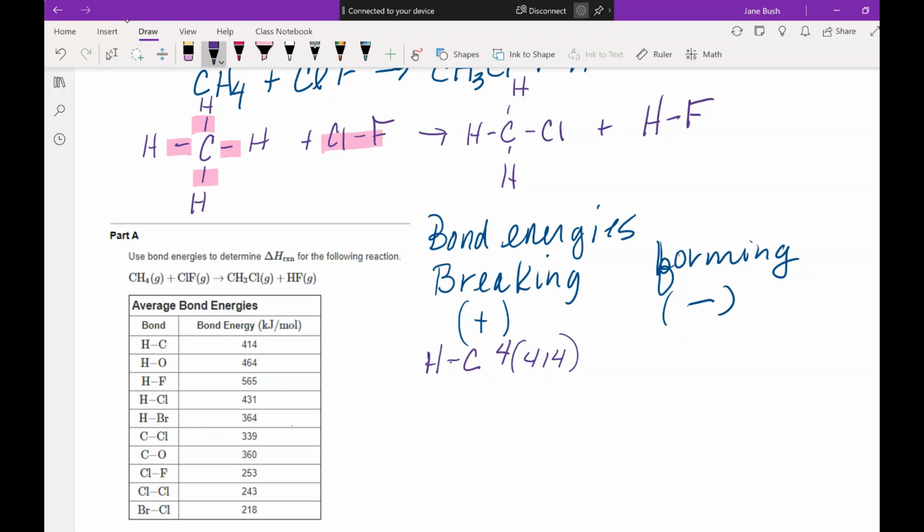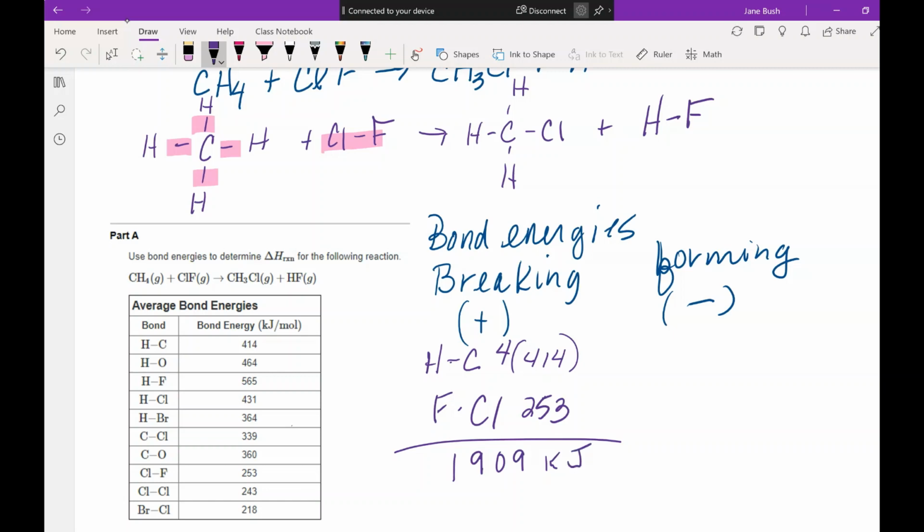Chlorine and fluorine. Cl-F is 253. So I just add those all up. 414 times 4 plus 253. The total amount of energy to break those bonds is 1,909 kilojoules.